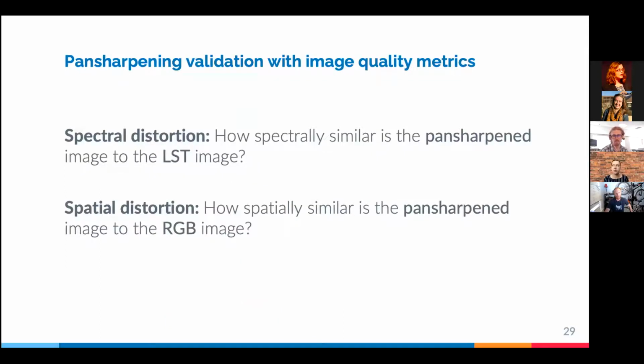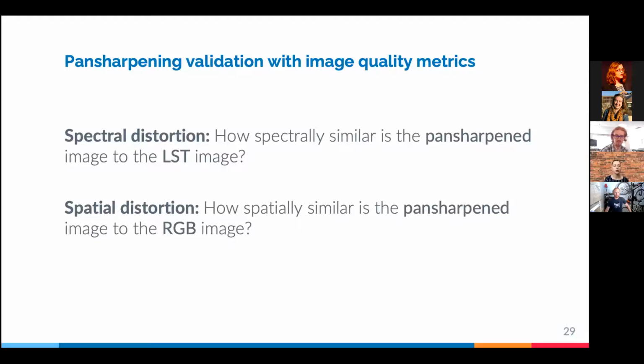Since there was no real ground truth data, I didn't have any high resolution thermal imagery to compare my results against. I validated and checked the results of my pan sharpening algorithm with image quality metrics. These metrics measured both the spectral and spatial distortion of the image. Spectral distortion is trying to answer the question, how spectrally similar is the pan-sharpened image to the original LST image?